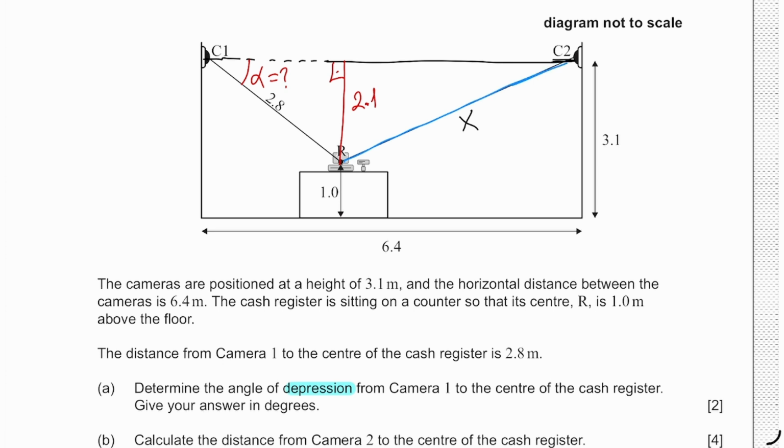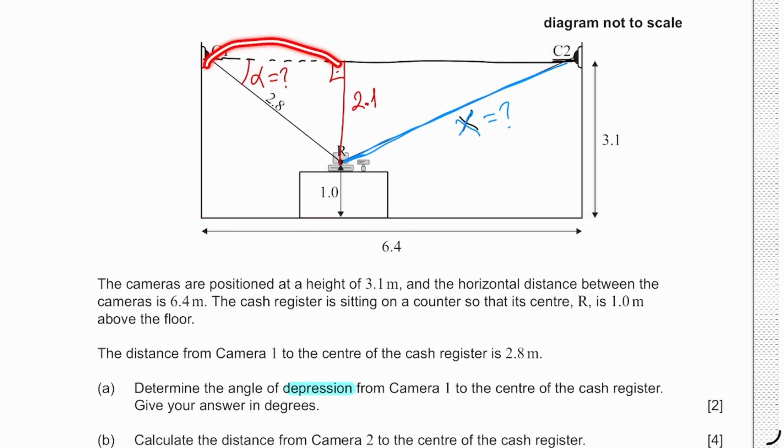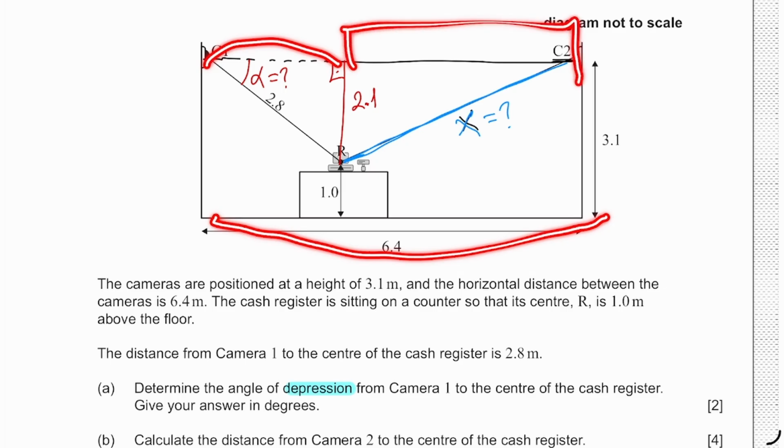Let's say this length is X. I want to find X. Okay, as you see, there's a right angle triangle here, so I can apply the Pythagoras theorem, right? But I should know this part, right? How can I know this part? I know the total here, but I don't know this part, but I can find it, right? If I find this part and subtract it from 6.4, I can find this part.